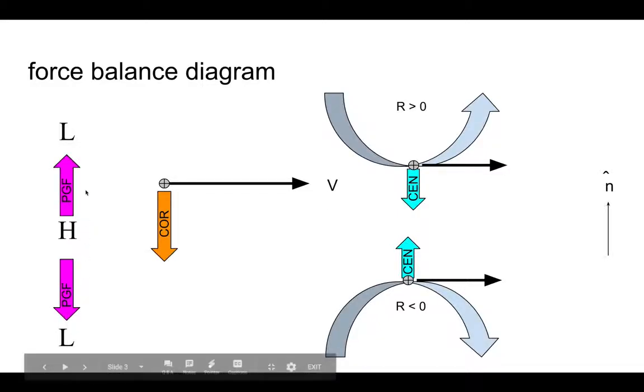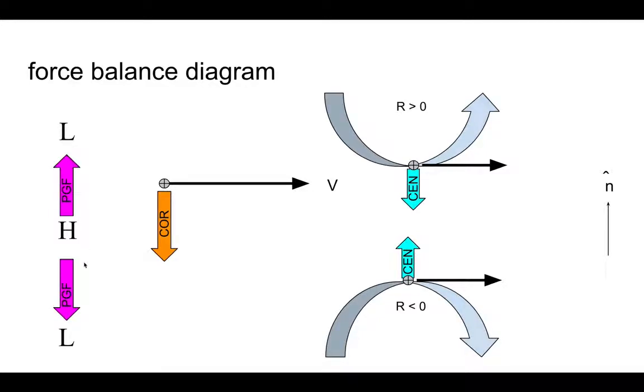And that, again, could be in either the plus or minus n hat direction. I'm going to set this up so that the wind is always blowing from left to right. And since we're using natural coordinates, we just have to rotate our perspective for this to be valid, and it should always work.